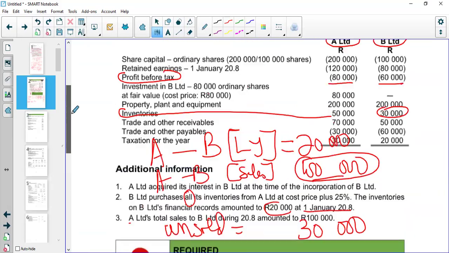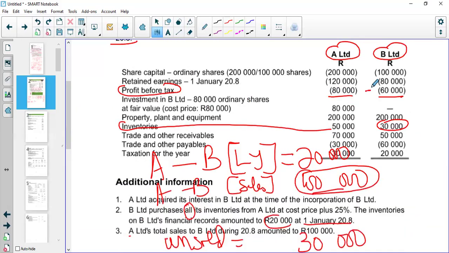You are not going to say 80 plus 60, then the effect of the intragroup sales, 80,000 of 100,000 minus 100,000. That just becomes 0, and so there was no point. So it's important for you to know that.